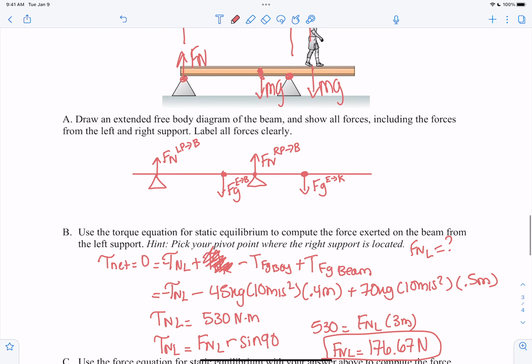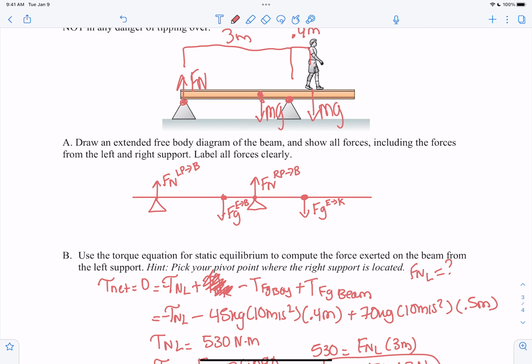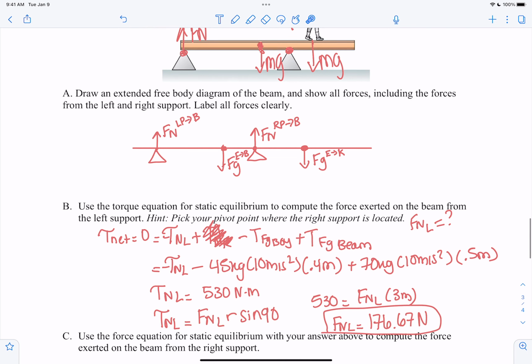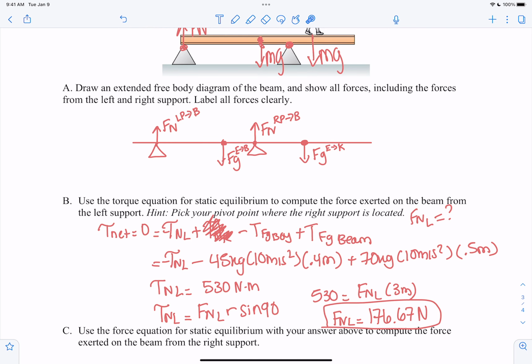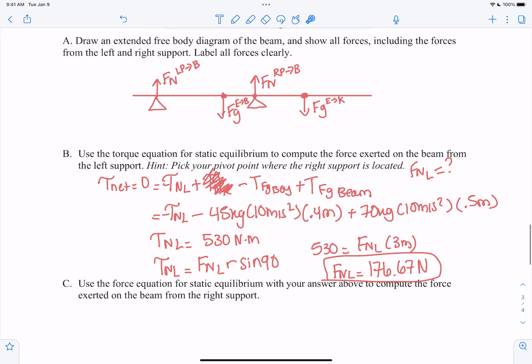All right. Now, normal force due to the left support here, that's also in the clockwise direction, so that should be negative. So let me recalculate this real quick. So we have negative 45 times 10 times 0.4 plus 70 times 10 times 0.5.